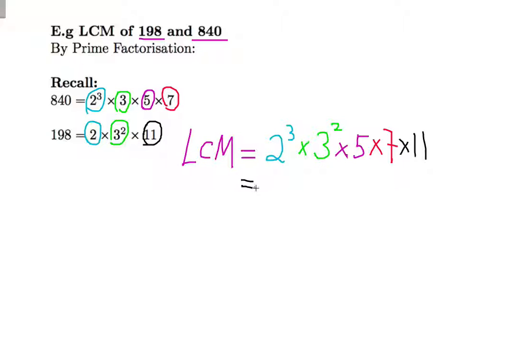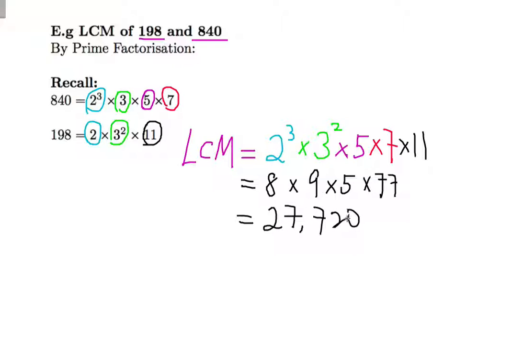Very simply, this is 8 times 9 times 5 times 77. If you put that into the calculator, you will get 27,720.